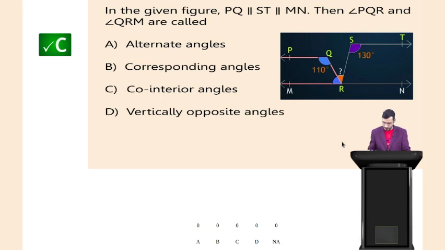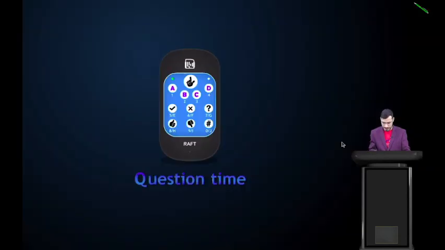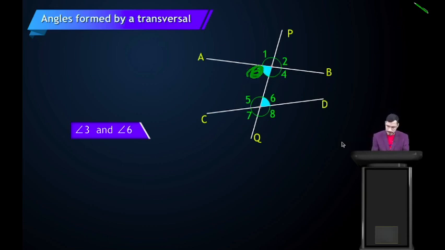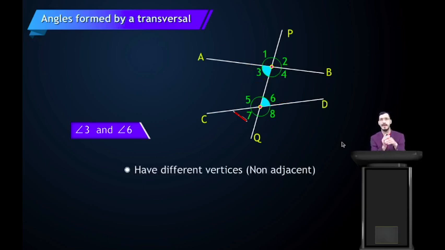Okay, now let's move to another part. Angles formed by a transversal line. Here you can see 1, 2, 3, 4, 5, 6, 7, 8, there are 8 angles. Now we talk about angle 3 and angle 6. They have different vertices, non-adjacent.